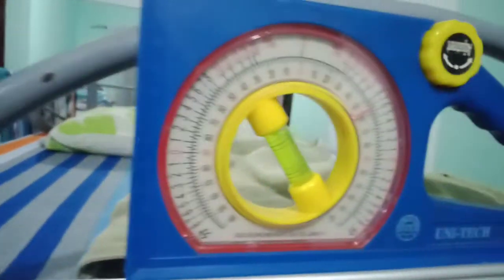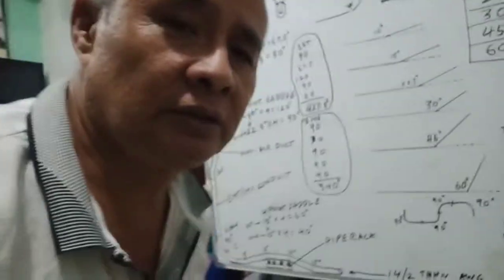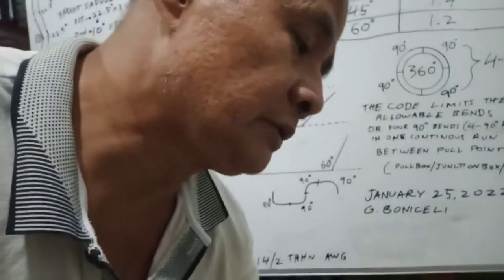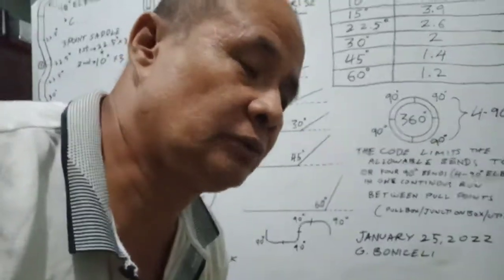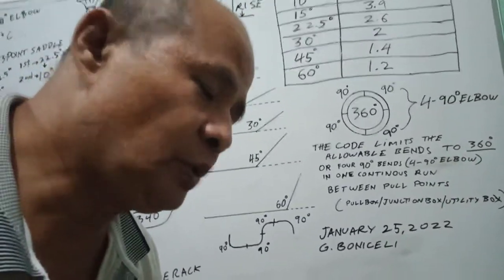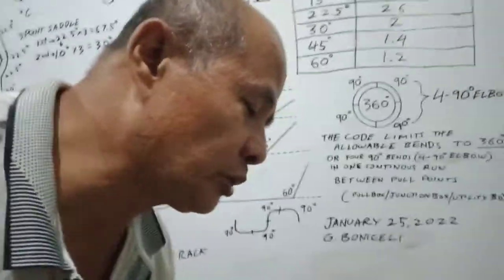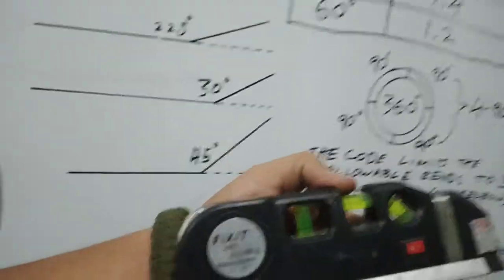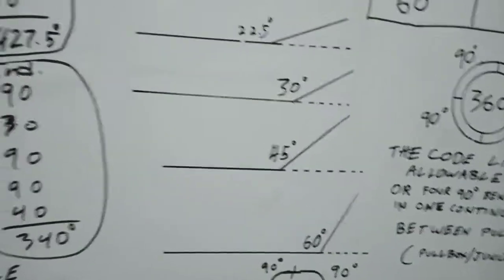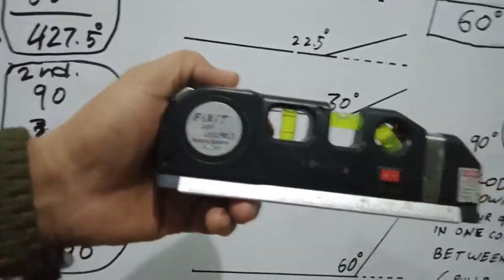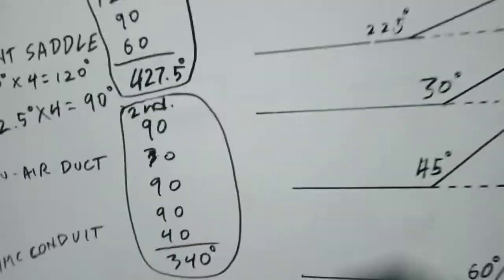So if you don't have this kind of inclinometer, you can download an application. If you want to utilize a fixed 45 degrees, then you must have this. I recommend this multifunction tool.